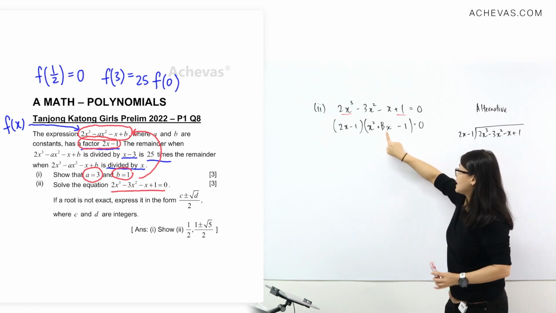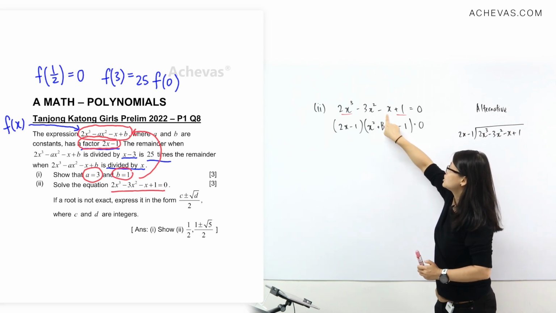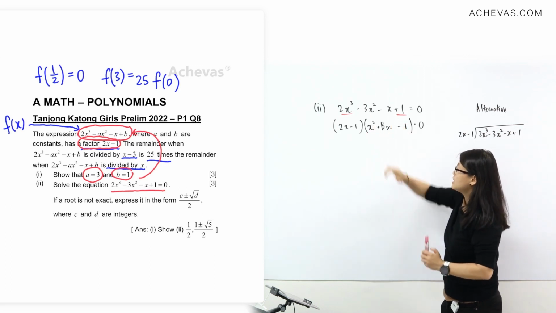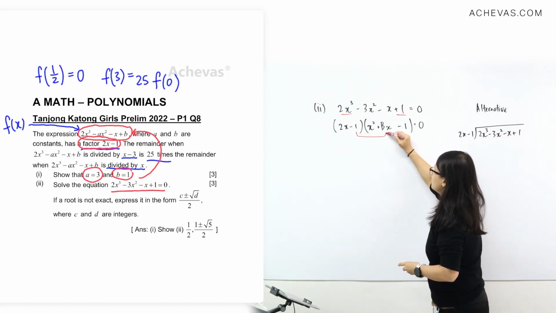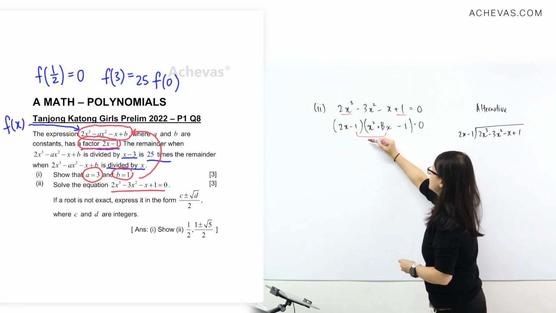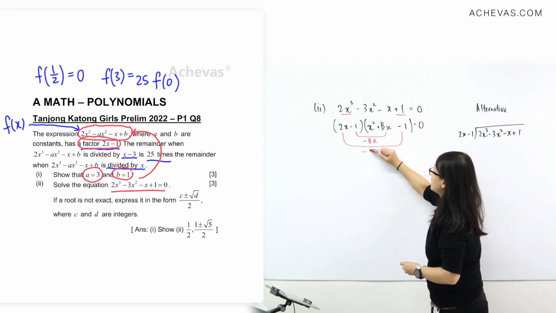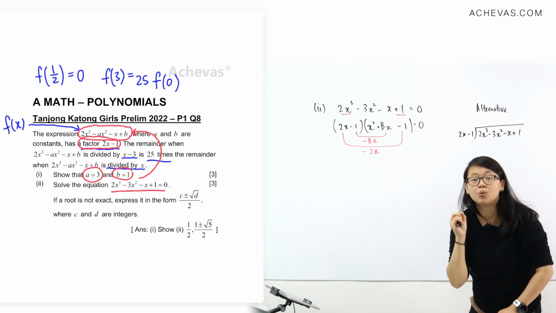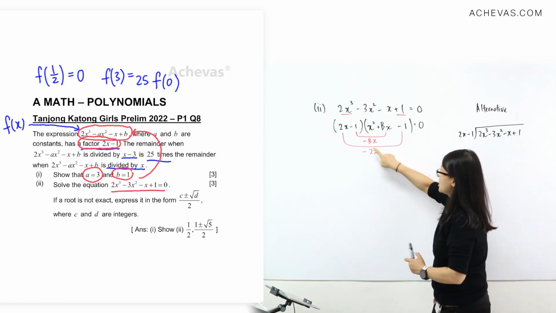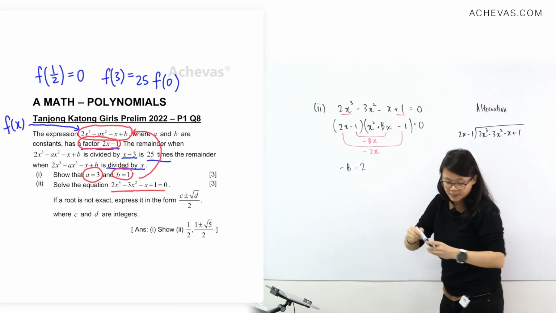Next, I am going to check what B is. I'm left with 2 terms over here, so you're free to check the x squared or the x. Let me connect to x. So I'm going to link these 2 terms. This will give me a negative Bx. If I link this with this, I'll get a negative 2x. Next step, I'm going to pull out the coefficient, which I write as minus B minus 2.